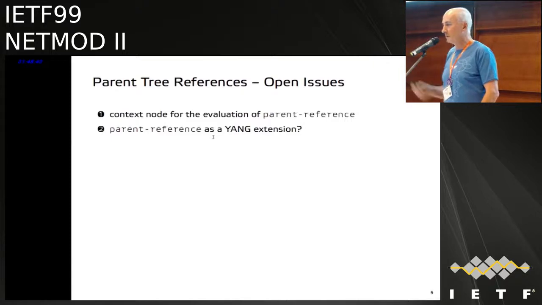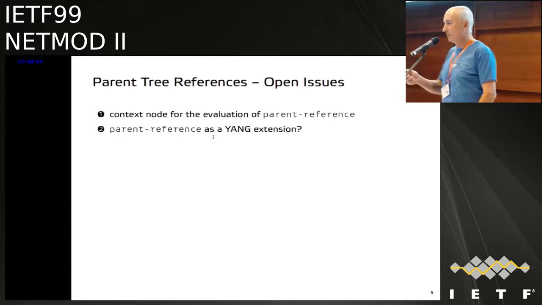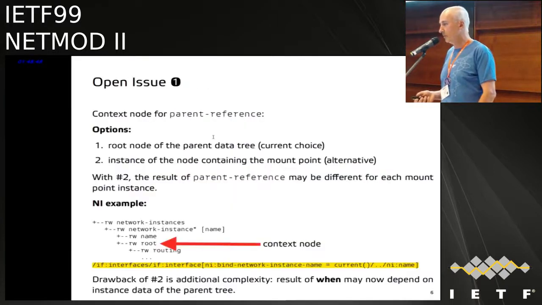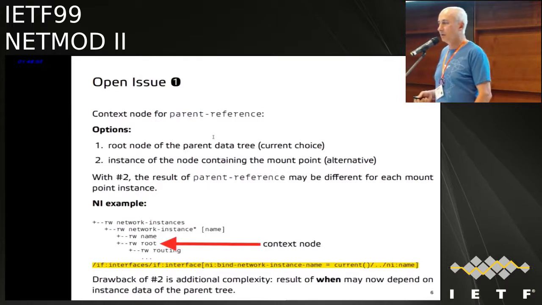So one is about the context node that's used for parent reference evaluation, and another option is to define these parent references directly inside the mount point definition. I will have more to say about that later.